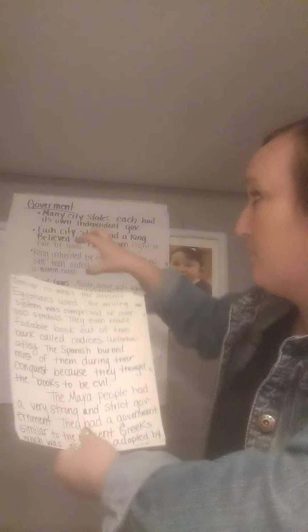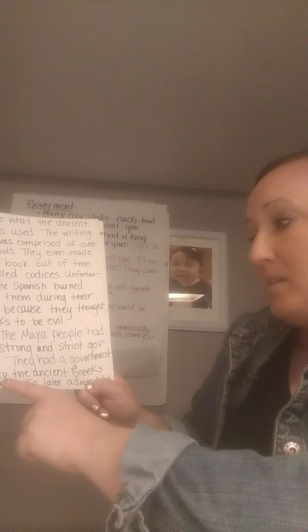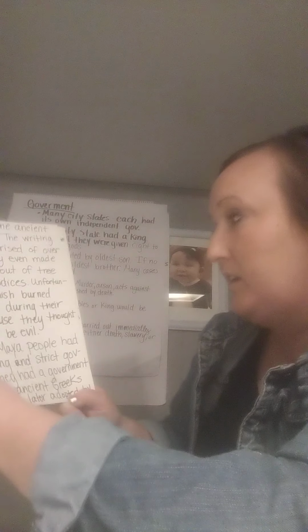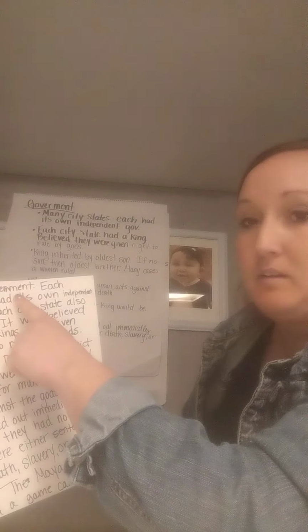Oh, and let me go to my notes for this one. So you can see that I took this off of my notes and turned this into a paragraph. So I went on to the next sentence and I said, they had a government similar to the ancient Greeks, which was also later adopted by our own government.